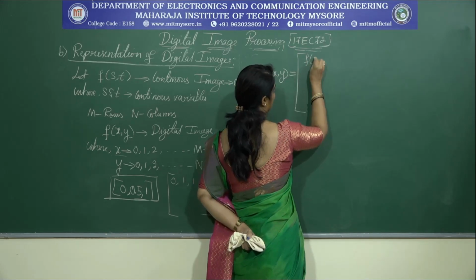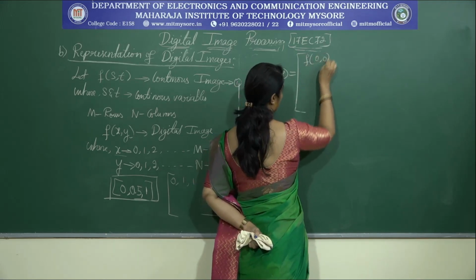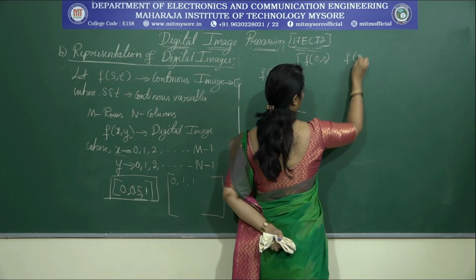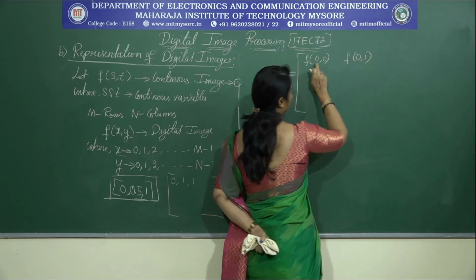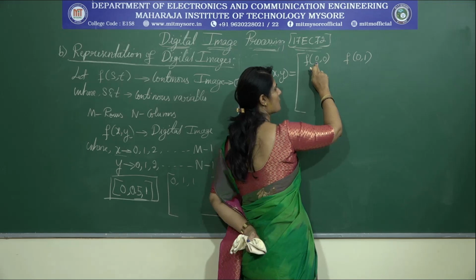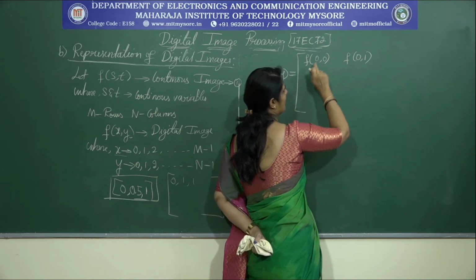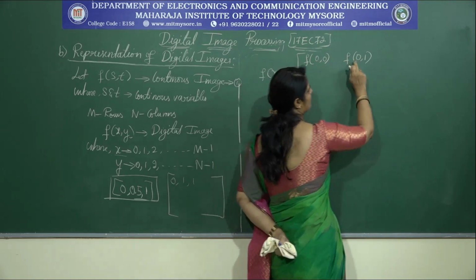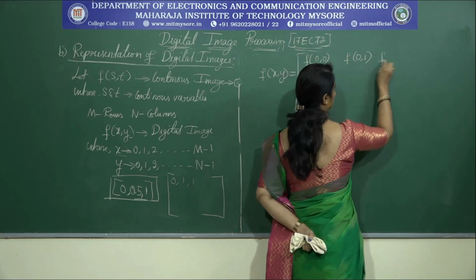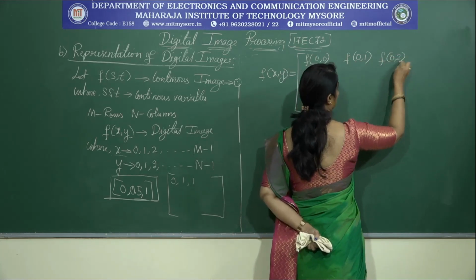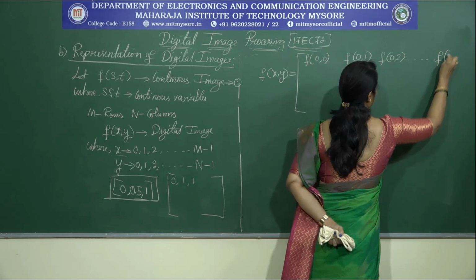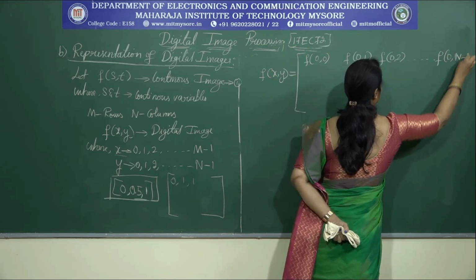So here it is f of 0 comma 0, f of 0 comma 1. x represents the number of rows, y represents the number of columns. First row, first column; first row, second column; first row, third column; first row, last column.